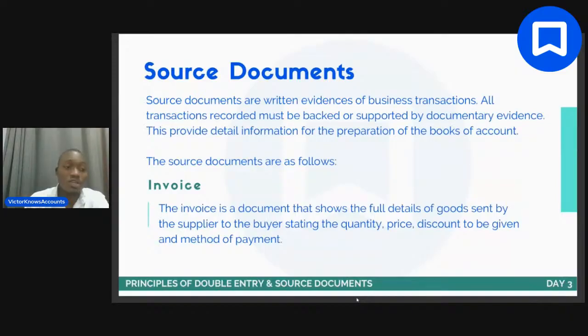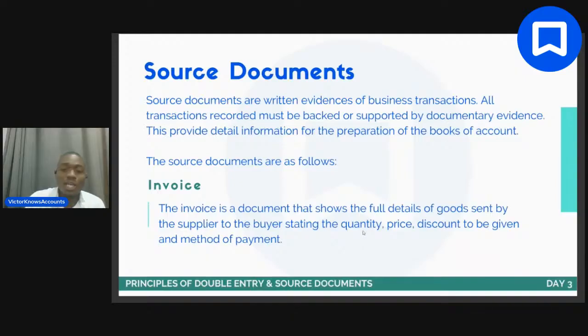But when you buy goods and you receive an invoice, that is called a purchases invoice. Is that understood? So the invoice is the evidence of a sale transaction, of the movement of goods, of the purchase of goods.